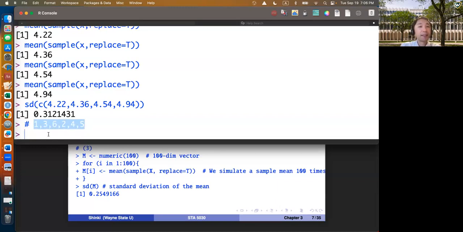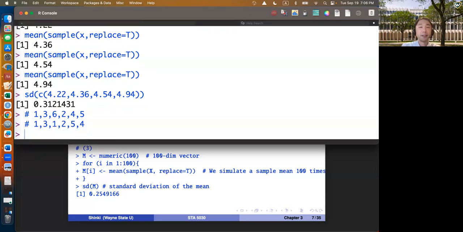Of course, sometimes your 6 observations are maybe 1, 3, 1, 2, 5, 4, or something like that. So if the original observations are a little biased, then even if we sample from this, maybe the mean of observations is always smaller than the expected value of 3.5. But yeah, this is a reasonable way to simulate it.